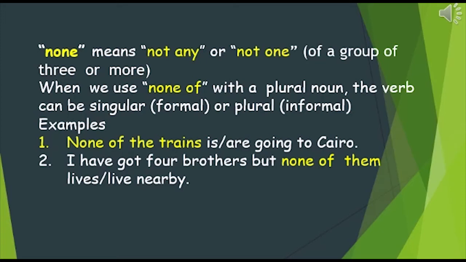When we use none of with a plural noun, the verb can be singular or plural. طبعا singular يبقى دي شكل رسمي، الفعل مفرد يبقى ده formal way of speaking، and plural ده يعتبر informal way to talk. None of the trains is or are going to Cairo. لاحظ ان الفعل هنا ممكن يستخدم مفرد زي ما قلت او جمع.